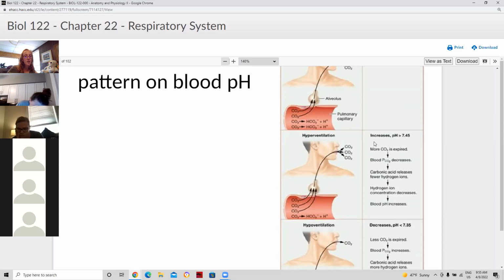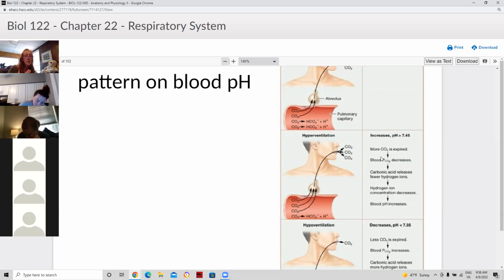If you're breathing out a bunch of CO2, what's happening to your blood pH? It increases. Becoming more basic or more acidic? Basic. Yes. So more CO2 being released, your pH is becoming more basic.